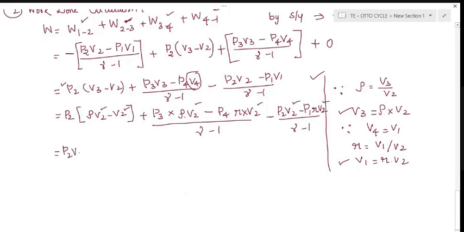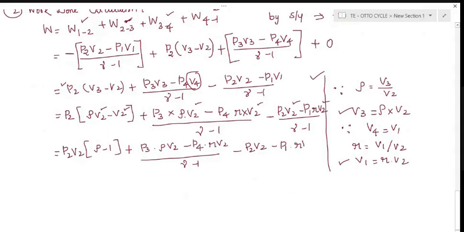So P2 V2 into, what is the remaining term? Rho minus 1, plus P3 into rho V2, minus P4 into R V2, divided by gamma minus 1, minus of P2 V2 minus P1 into R V2, divided by gamma minus 1.